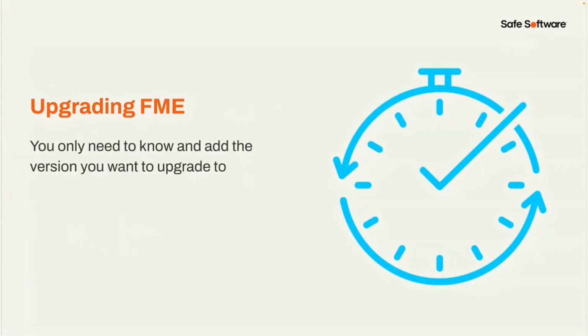So with CI/CD, you only need to know what version you're upgrading to once you have had that first deployment done. Once you've set up your CI/CD, if you wanted to upgrade your version of FME, without CI/CD you would have to go into your actual configuration and check: do I need to use this property here? Do I need to back up something here? Do I need to restore something here? Do I need to update a DNS? And if someone's new, they might not have all that information readily available.